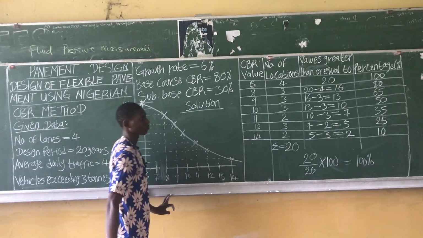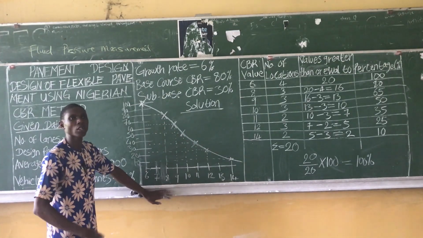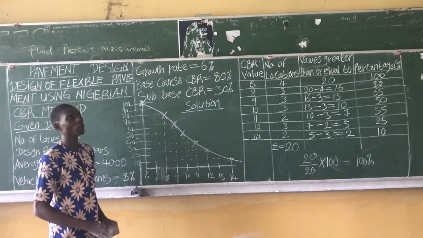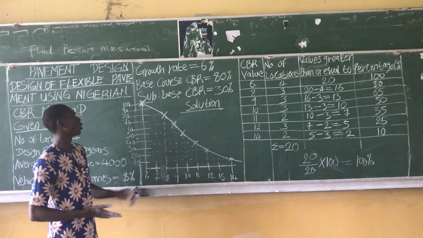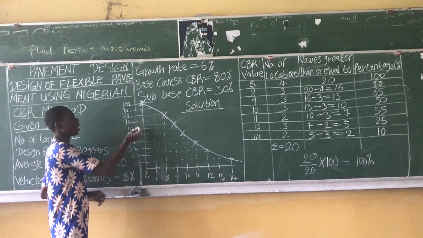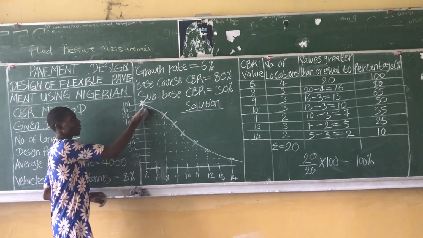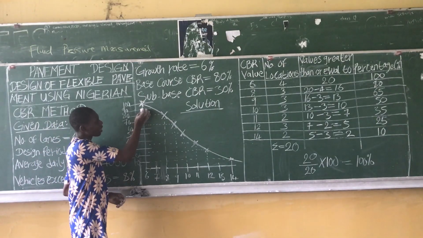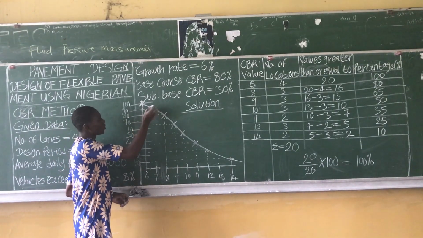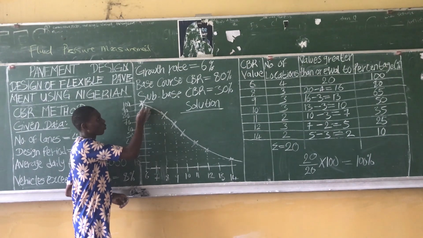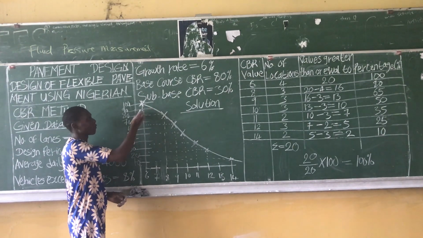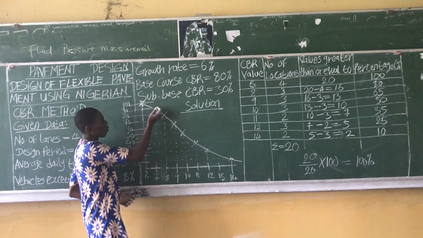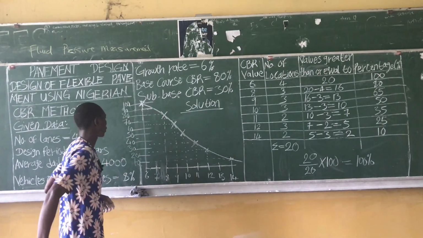Now remember, what is our CBR value for our subgrade? It's simply the 90th percentile value from this graph. So on this graph, where is our 90? We have our 90% at this point. So we draw a horizontal line from this 90% to where it meets this curve.